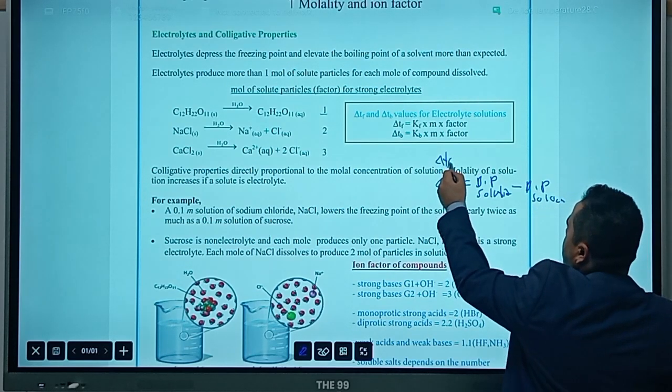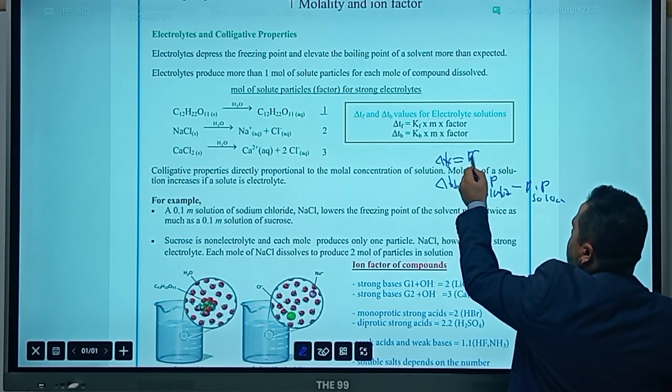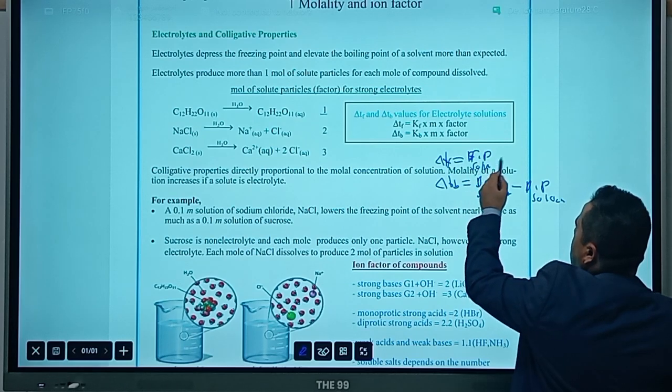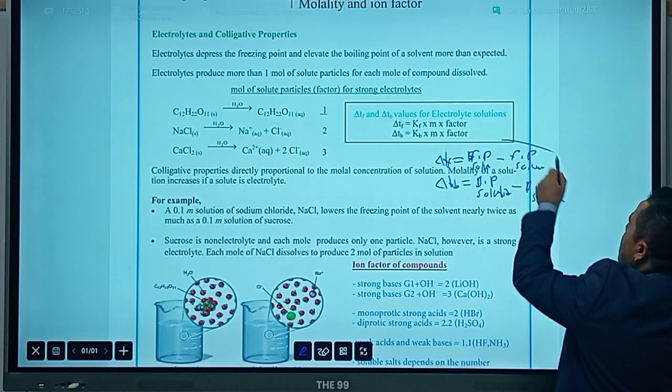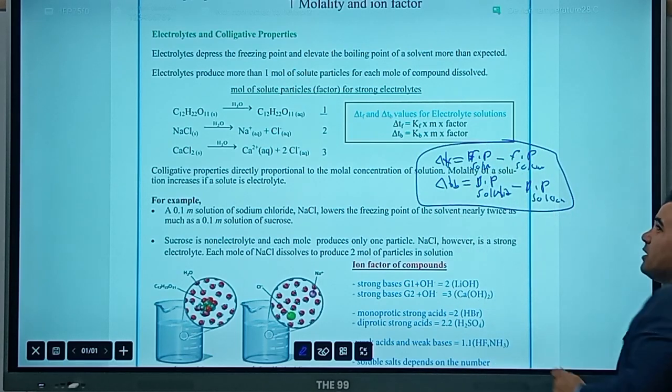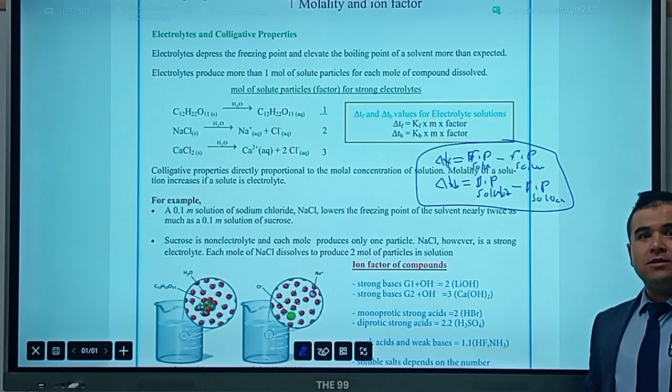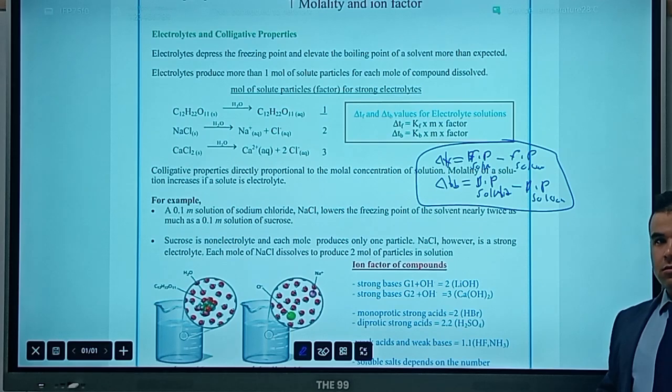Delta TF equals the freezing point of the solution minus the freezing point of the solvent. This equation can be used for the electrolytes and stays unchanged.